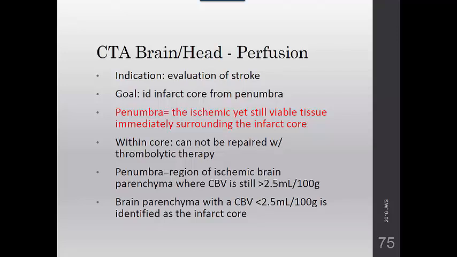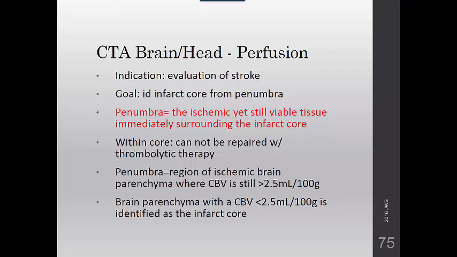In order for the brain tissue to be classified as penumbra, that region of ischemic brain parenchyma has to have a CBV that is still greater than 2.5 milliliters per 100 grams. In order for the brain to be classified as the infarct core, or the dead area, the brain parenchyma must have a CBV of less than 2.5 milliliters per 100 grams, which basically means there's little to no blood flow to that tissue.